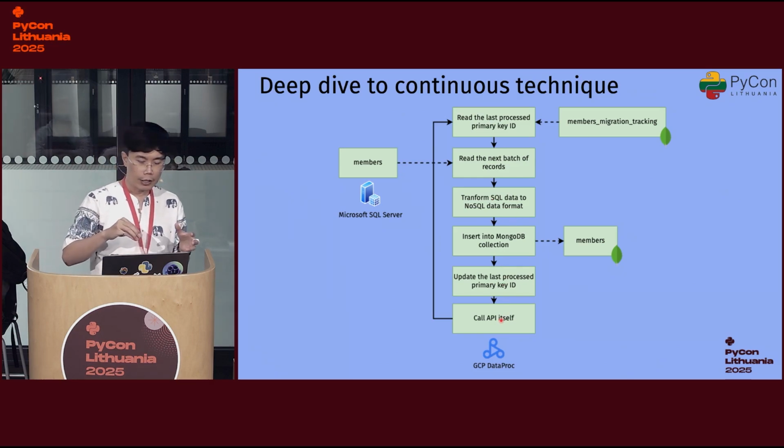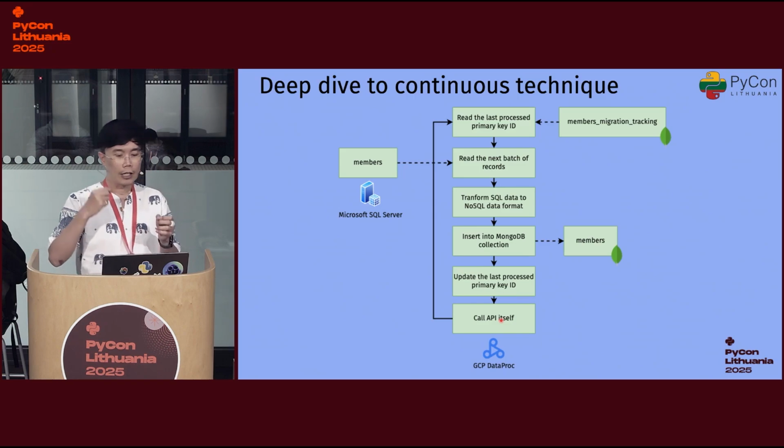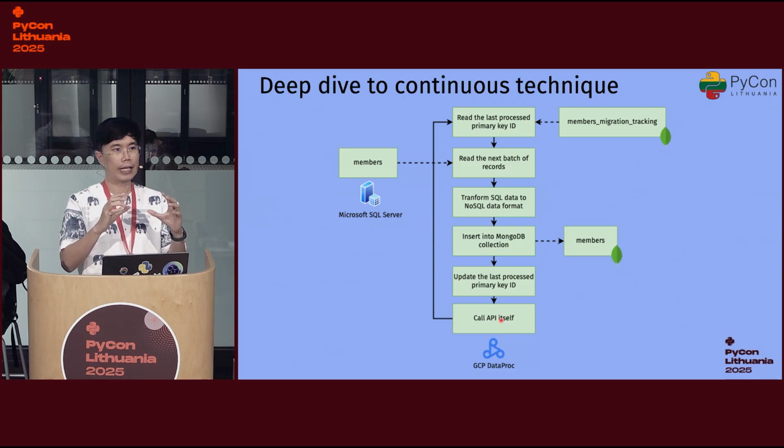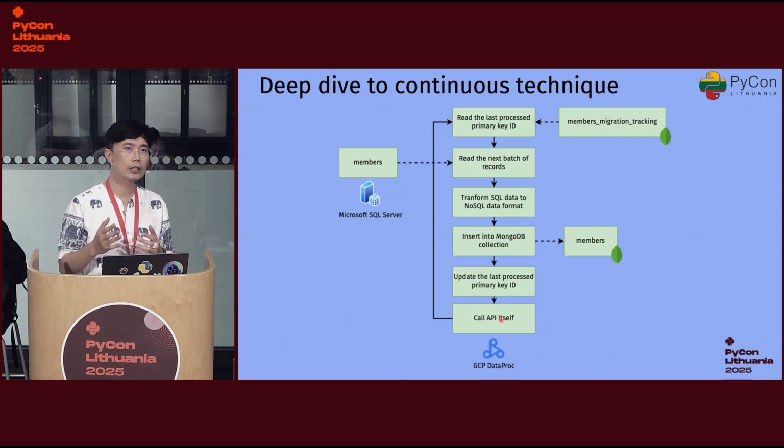And then the technique is that the call itself is like a recursion, because Dataproc is like a VM, right? Dataproc is like a VM that has an API. We run the VM to finish, for example, I read 50,000 rows at a time.